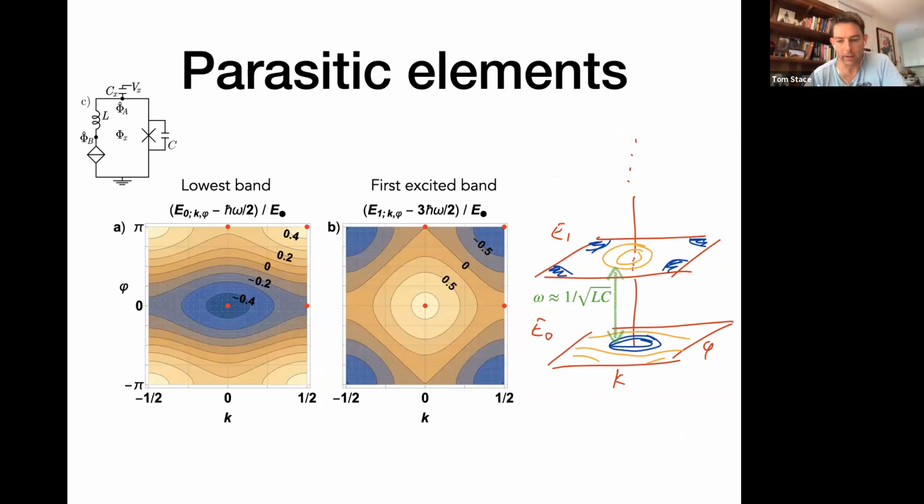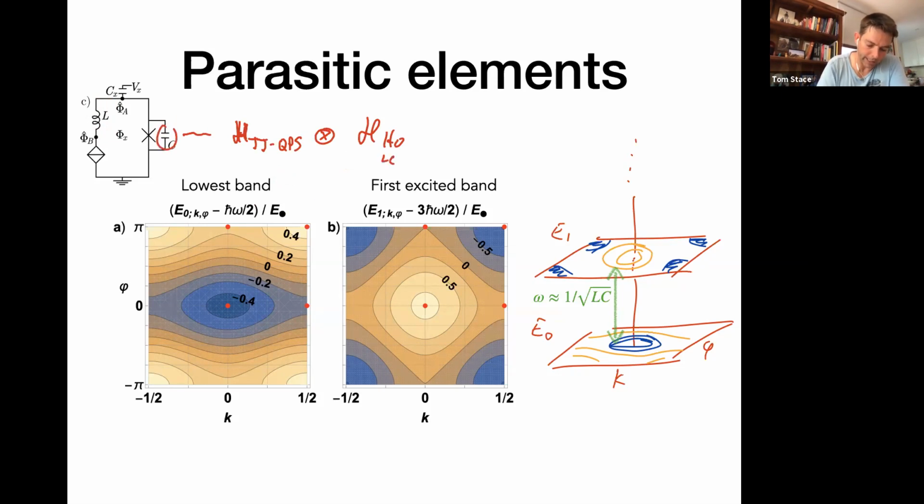So the next thing to ask about is what happens if I add realistic parasitic capacitance across the junction or inductance associated with the loop. And very briefly, what I get is something that looks almost exactly the same as before, except now the Hilbert space for this device is the Hilbert space of the Josephson Junction quasi quantum phase slip device tensored with the Hilbert space of a harmonic oscillator associated with the LC circuit.